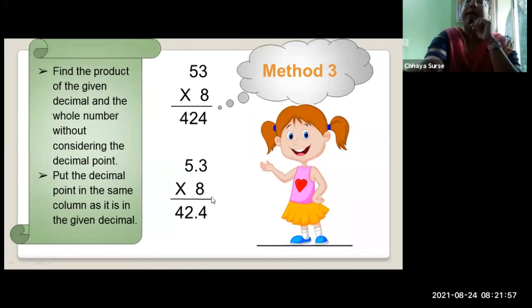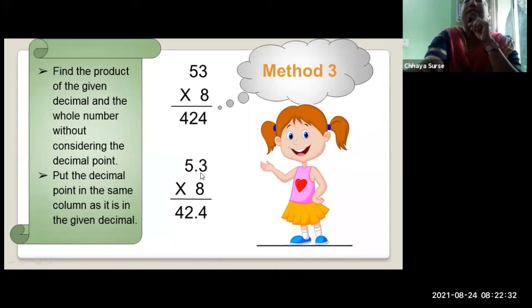53 multiplied by 8. 3 8s are 24, 4 will be here, 2 carrying over. 8 5s are 40 plus 2, 42. Clear? So here we are not considering the decimal point. The product of 53 multiplied by 8 is 424.